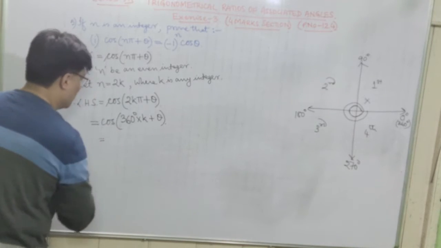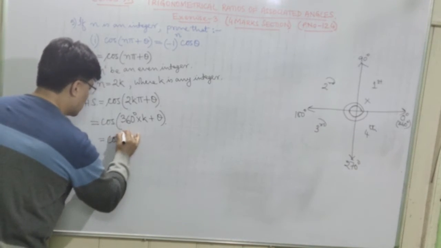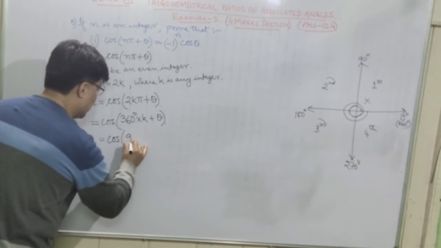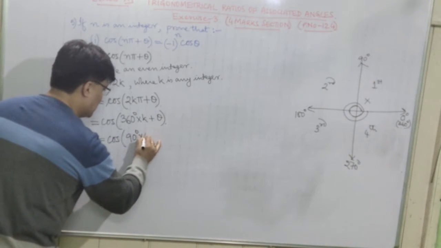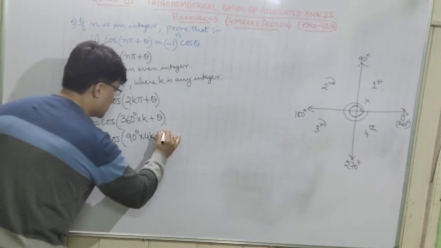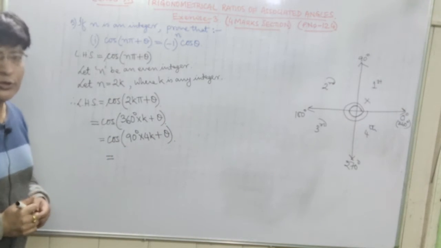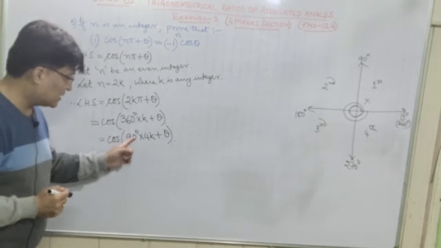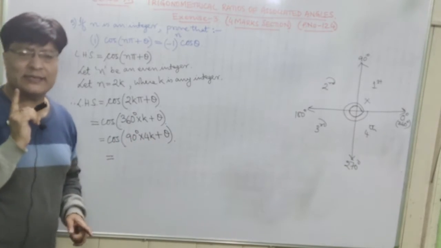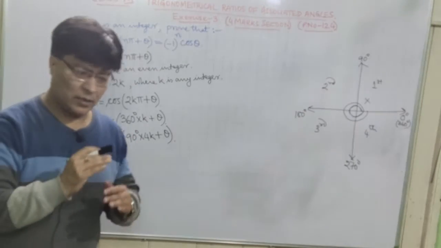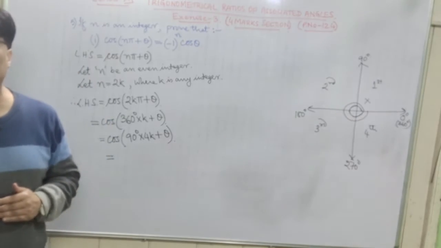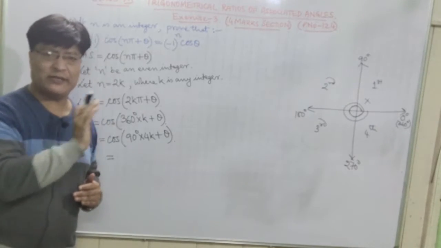So it is equal to cos(90°·(4k) + θ). Also you know that 4k is an even integer. If an integer is multiplied by 4, that is also an even integer.